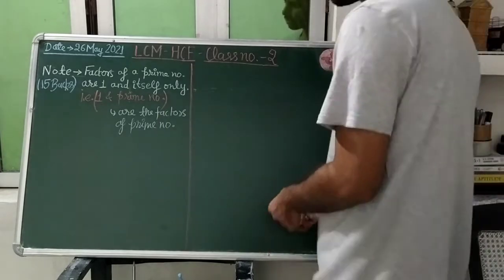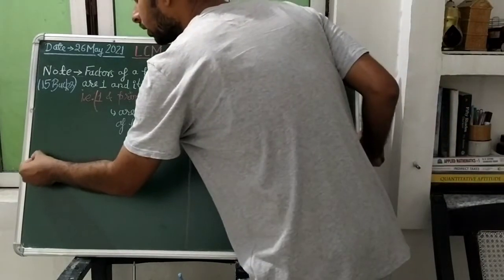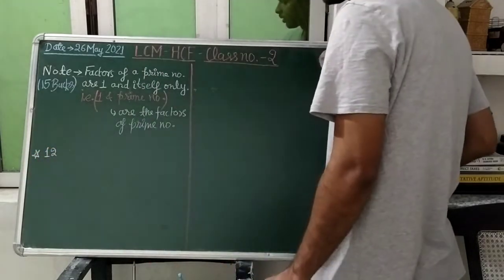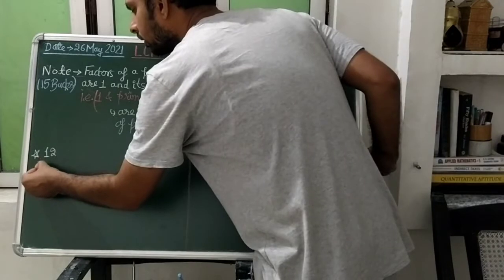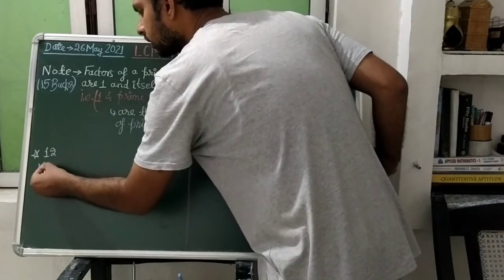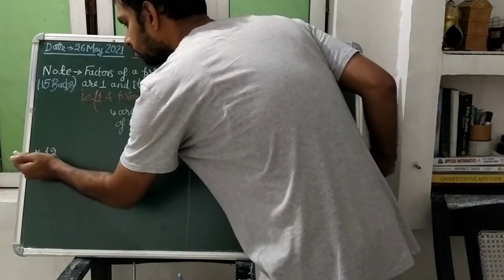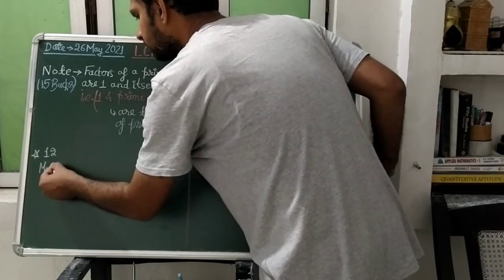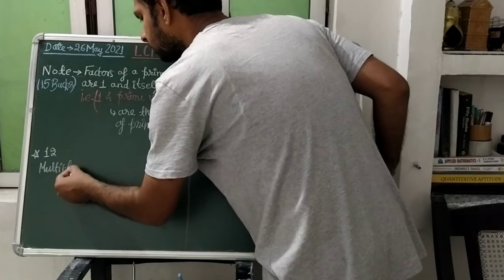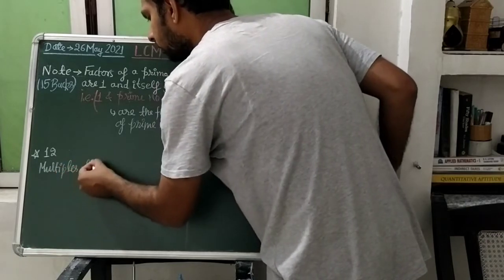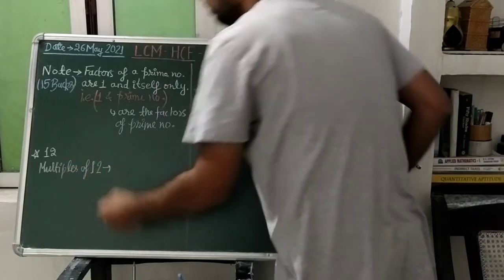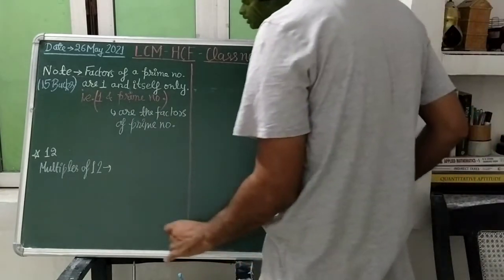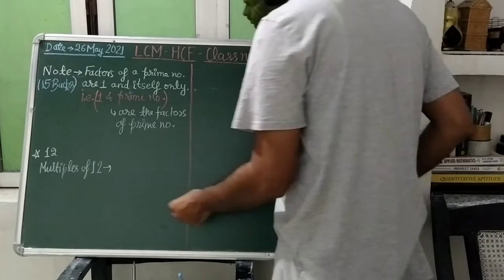Okay. So students, if I am talking about 12 and want to write the multiples of 12, how will we write? We will read out the table of 12.